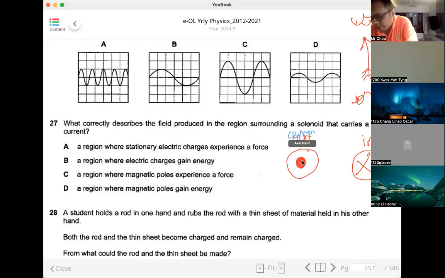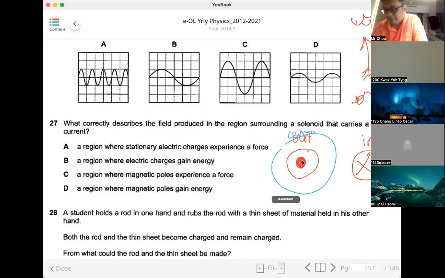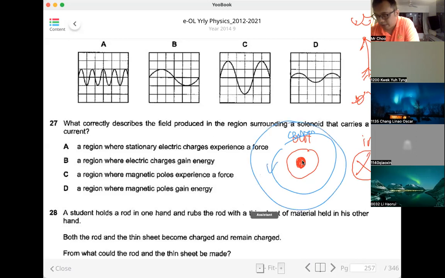My magnetic field will be like my fingers. If my thumb points out, my magnetic field will be in this direction. Okay, you induce a magnetic field. You'll learn that in the next topic.